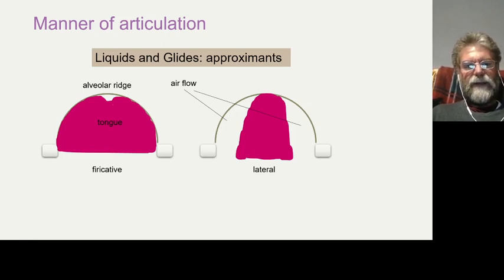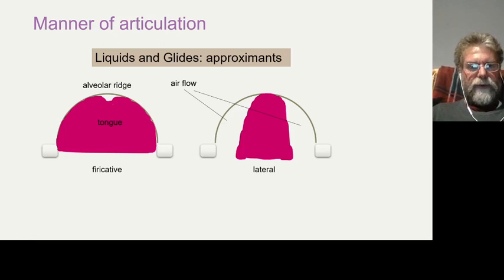It's not anything like a fricative or a plosive. In fact, if anything, it sounds more like a vowel. And these kinds of sounds are sometimes referred to as semi-vowels. So the approximants and semi-vowels are referring to the same kinds of sounds.